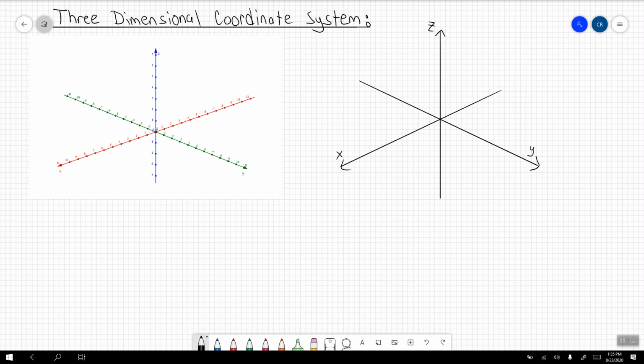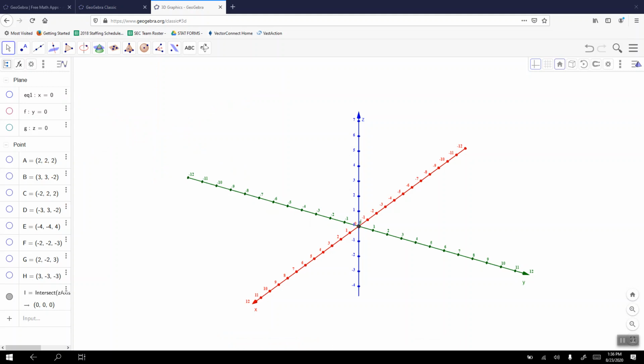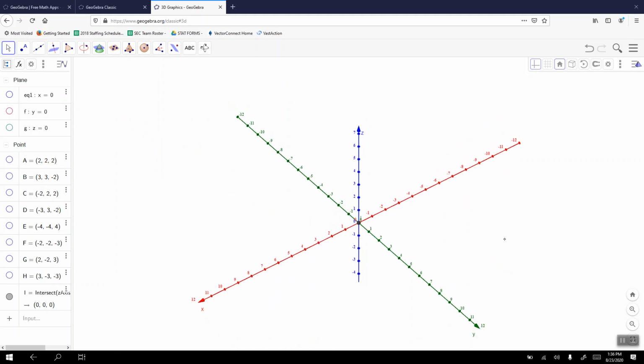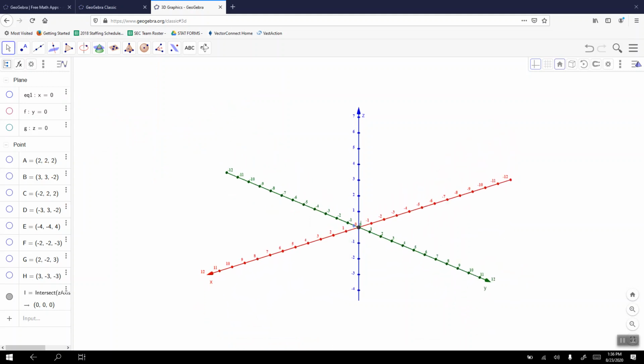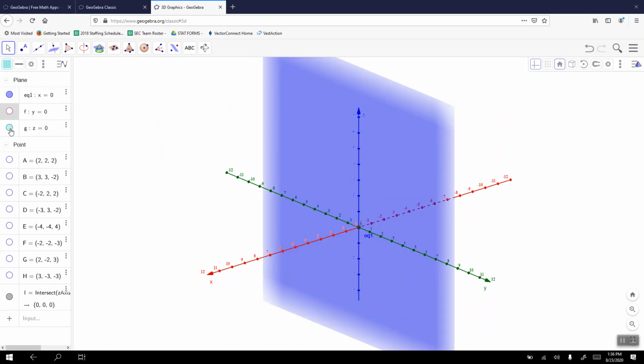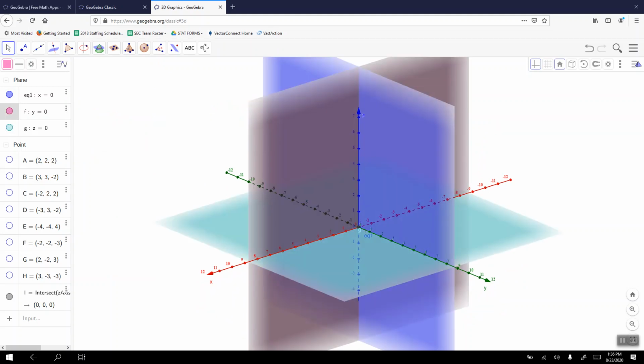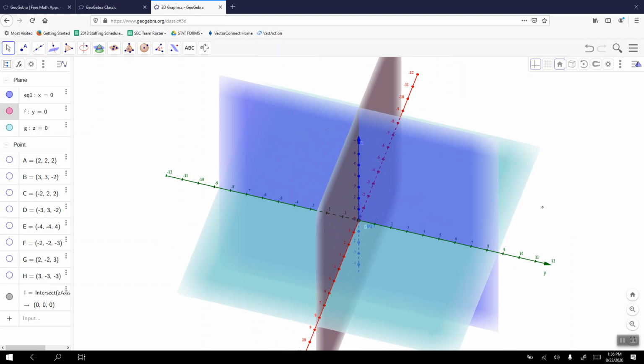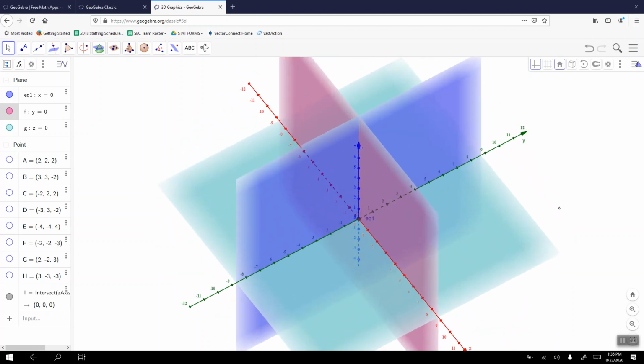So I'm going to bring up GeoGebra on screen, that way you all can see it. So here's my GeoGebra for my three-dimensional coordinate system. Now, like I said before, the three-dimensional coordinate system is broken up into 8 different portions.